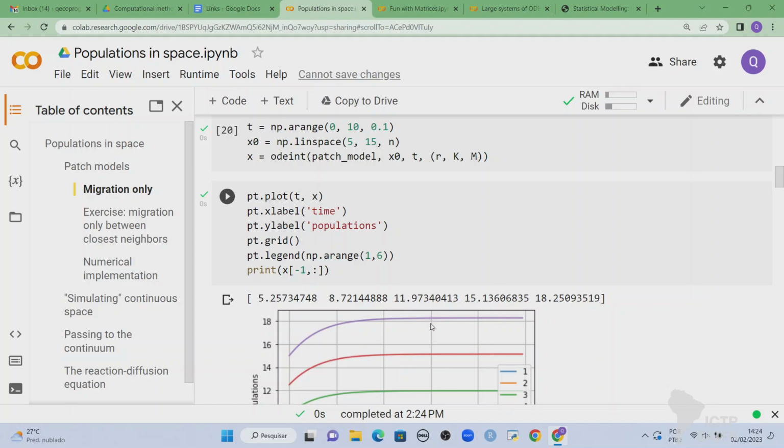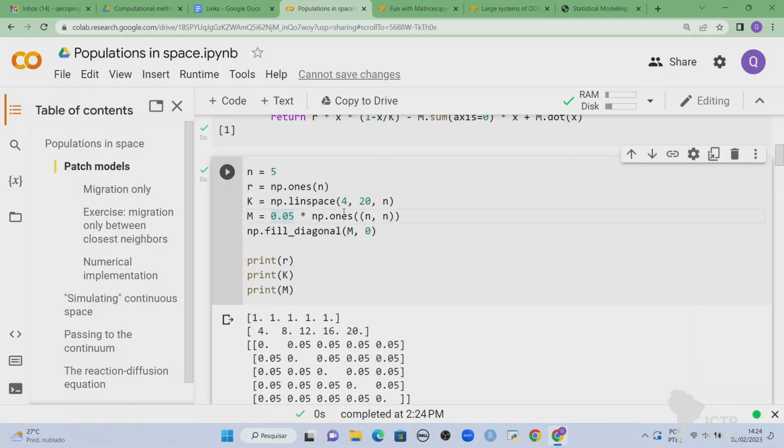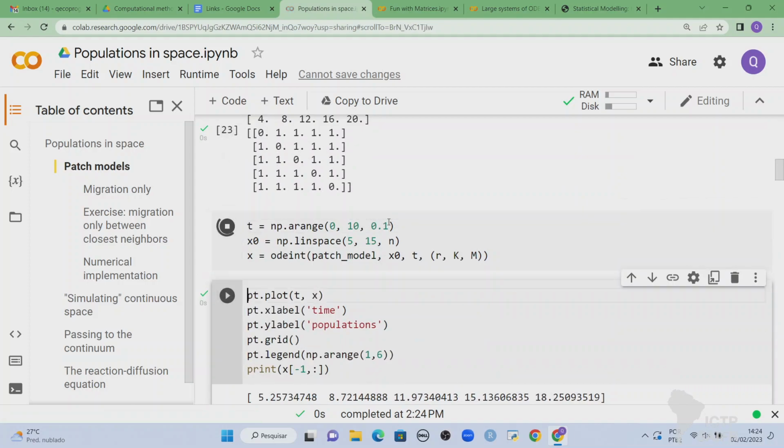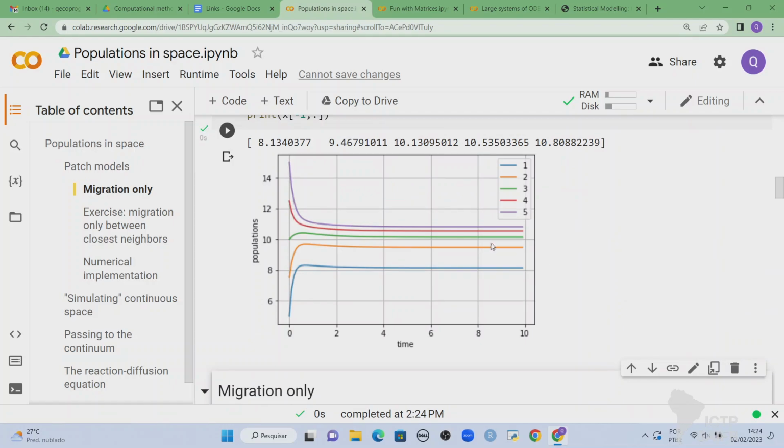And of course, this effect is going to be stronger if I put a very high, so let me put maybe 1 here, a higher migration rate. If I do this again, now the populations are much closer together, you see?